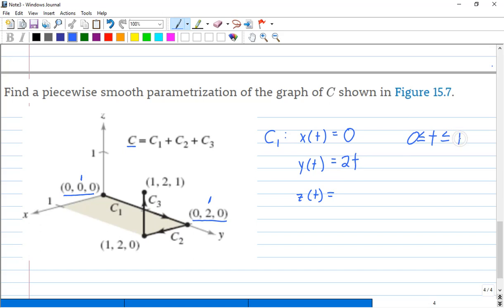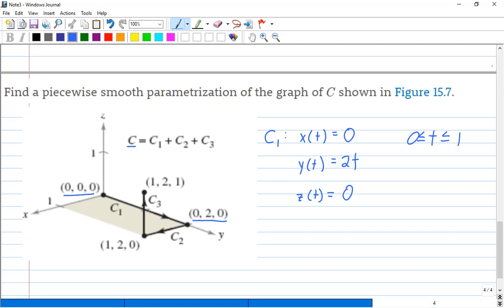If I plug in a 1, I get out a 2. Alright, so that's my equation for y of t. Now I want to figure out an equation for z of t, 0 to 0. It doesn't matter what I plug in there, there's no variable, right? I'll always get 0. So that's my 3 equations.